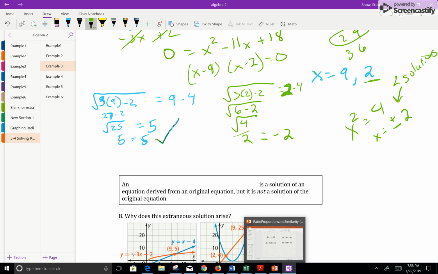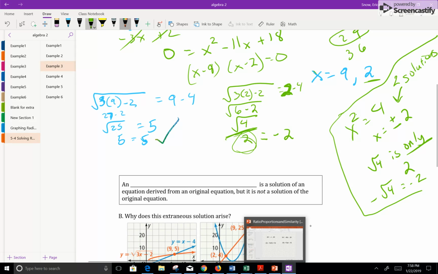When you're taking the square root of a number, the only square root you're looking at is the positive value. So the square root of 4 is only 2. The negative square root of 4 is negative 2. So this is a very important distinction to make. And if you don't understand what I just said, this is something that you will want to ask me about in class.